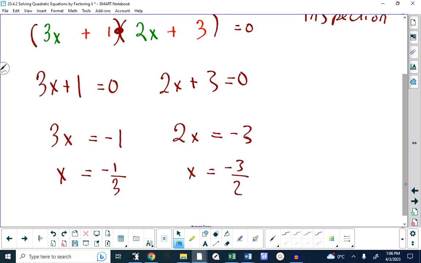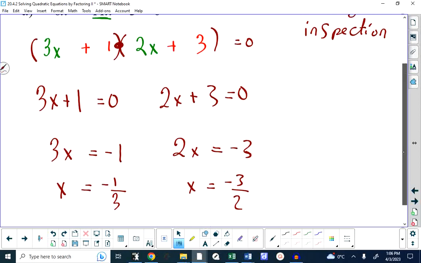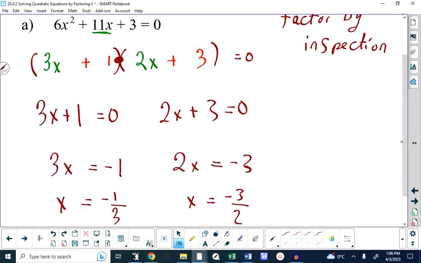And there's the other solution. And if you were to graph y equals, what's the original equation? y equals 6x squared plus 11x plus 3, and you can feel free to do that on your own time, you would discover those are the x-intercepts. Any questions with that first example?